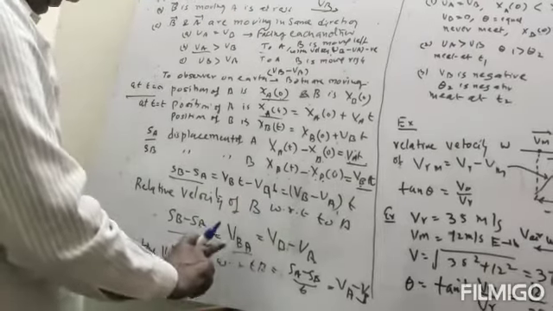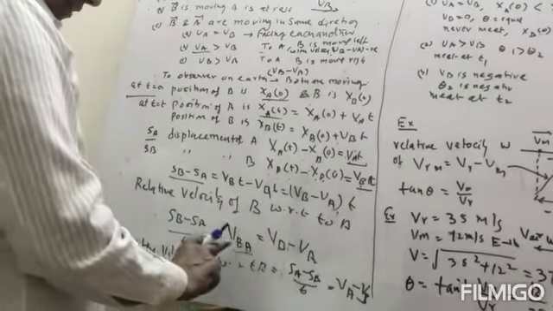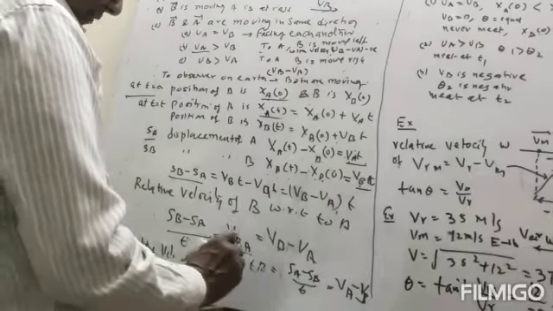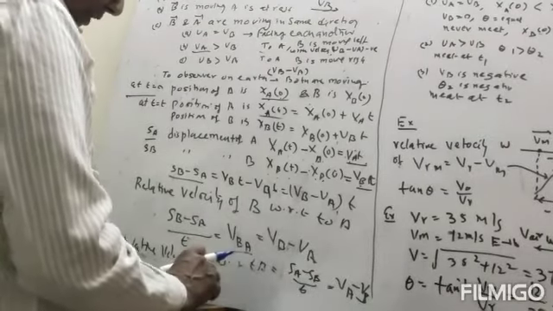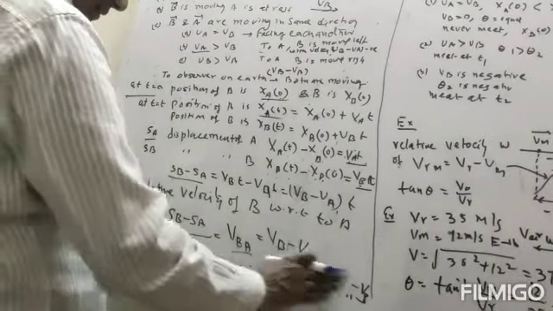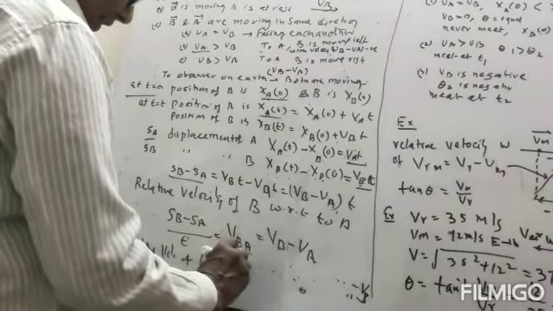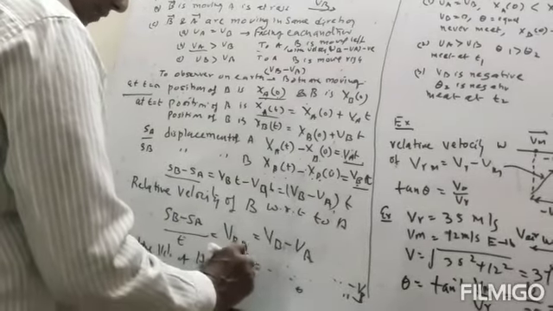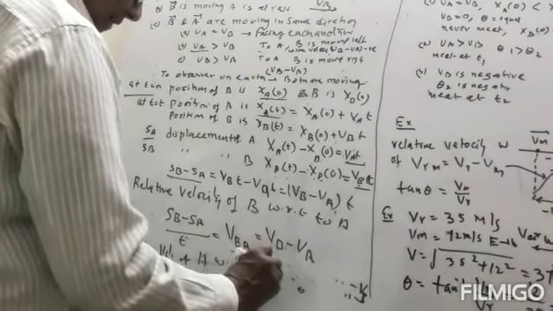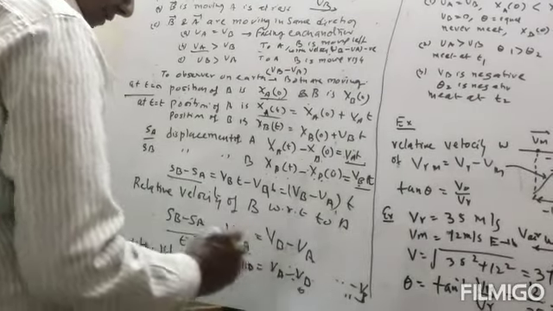Similarly, we can write the relative velocity of A with respect to B, VAB, will be equal to VA minus VB.